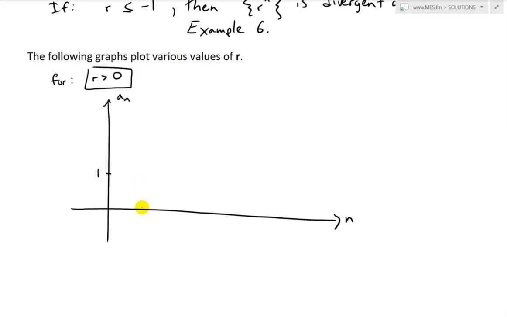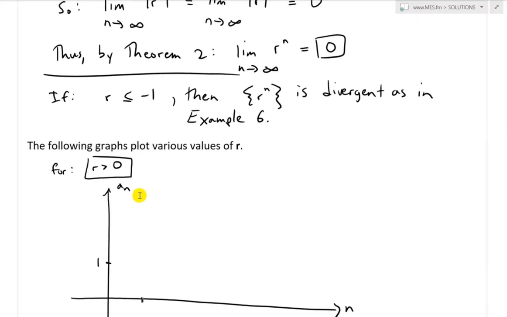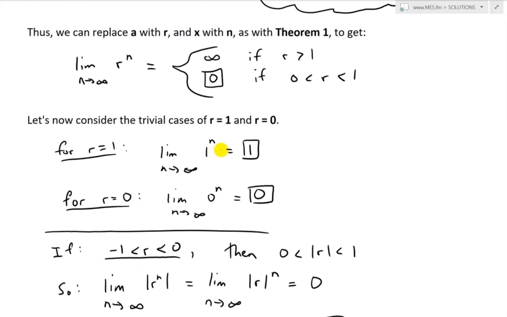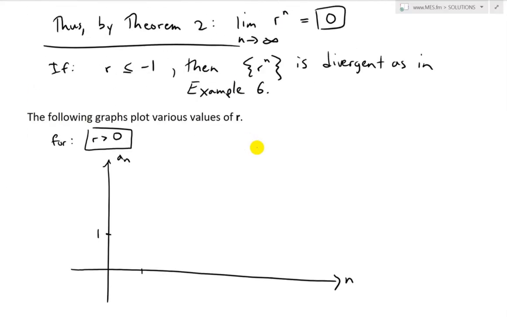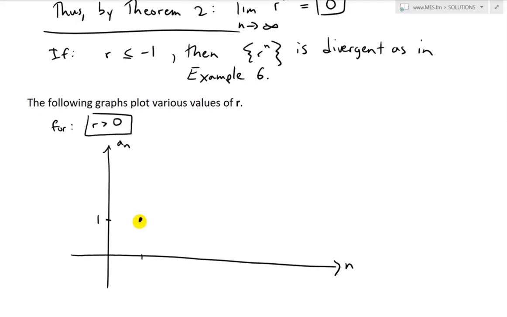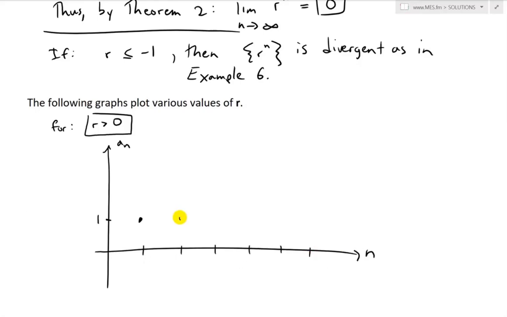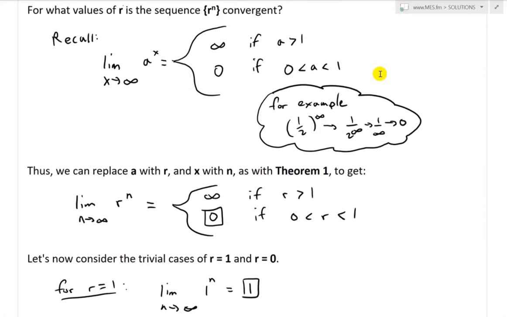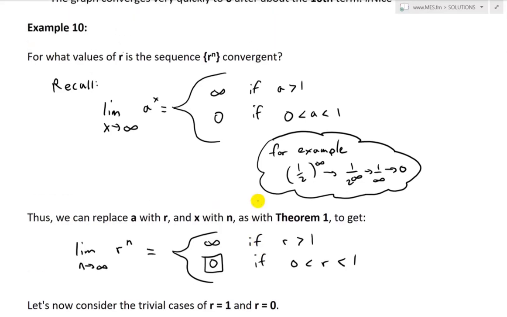We know that when r is 1, all the values are just 1, so a_n is equal to 1 at any point we go. So this is 1, 1, 1, and this one is for r equals 1. And the next one is when r is greater than 1, which goes to infinity.